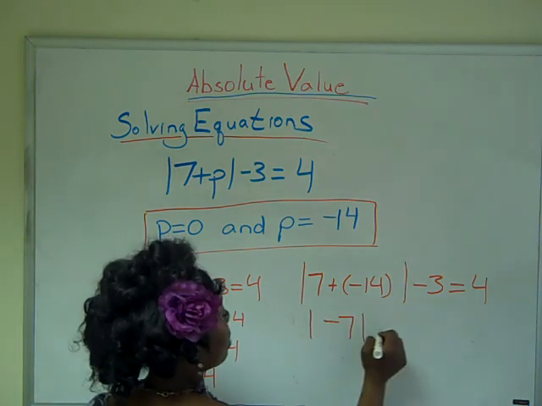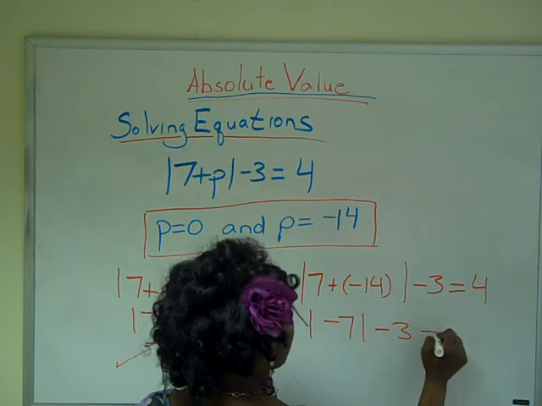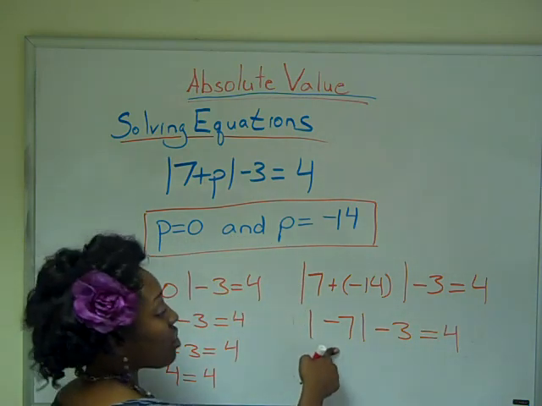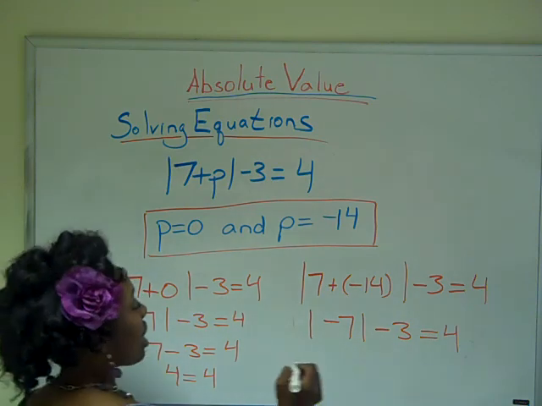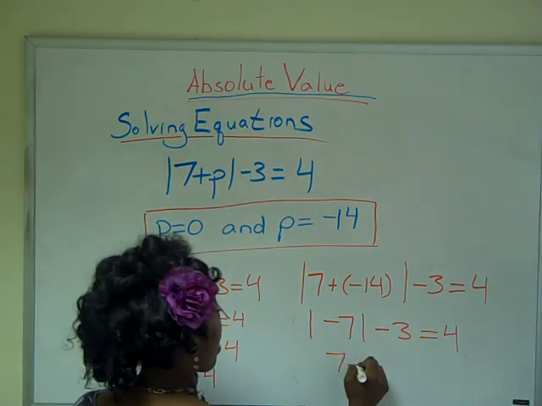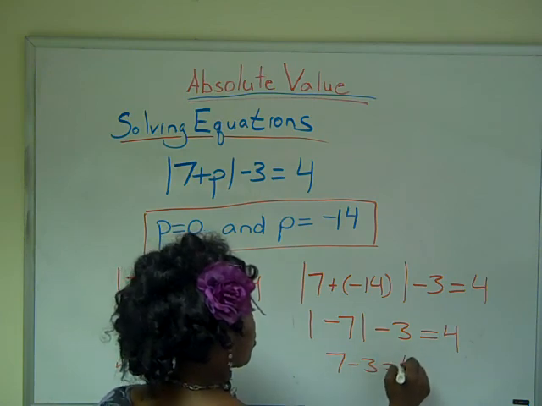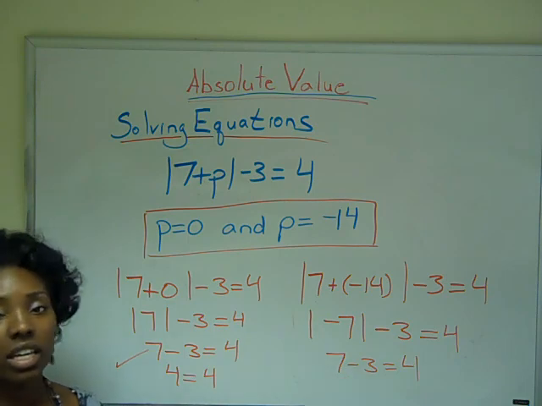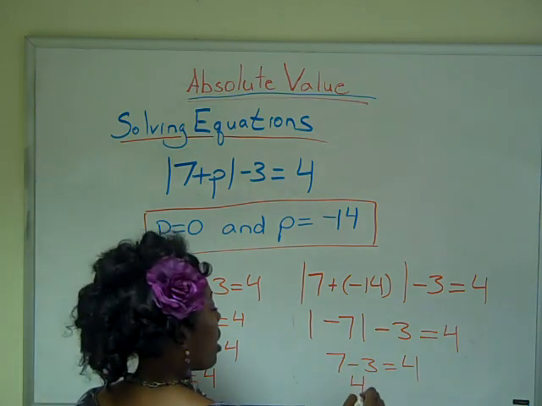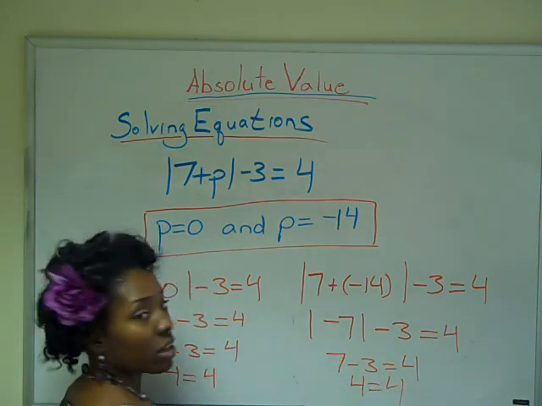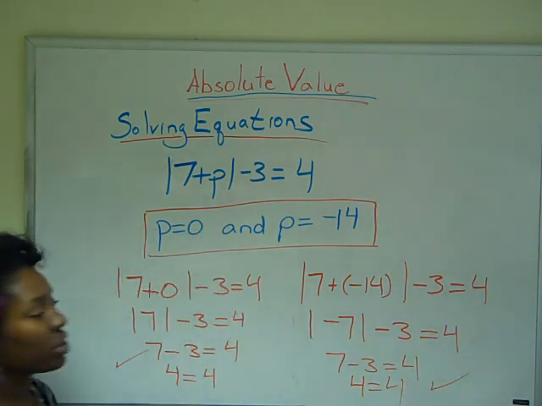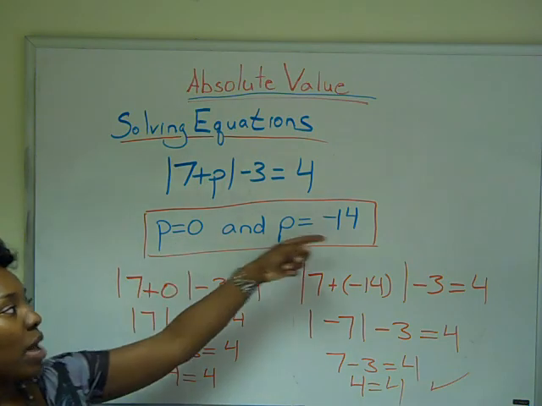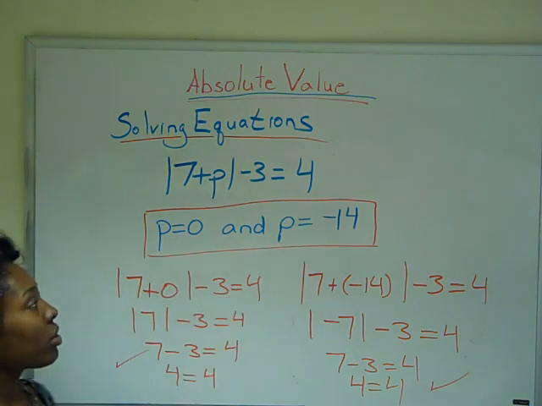The absolute value of negative 7 minus 3 equals 4. The absolute value of negative 7 is 7. So 7 minus 3 equals 4. 7 minus 3 is 4. And 4 indeed equals 4. So this is true. And we see that our solutions p equals 0 and p equals -14 are correct.